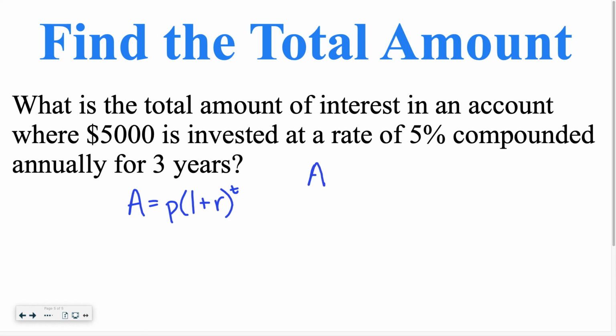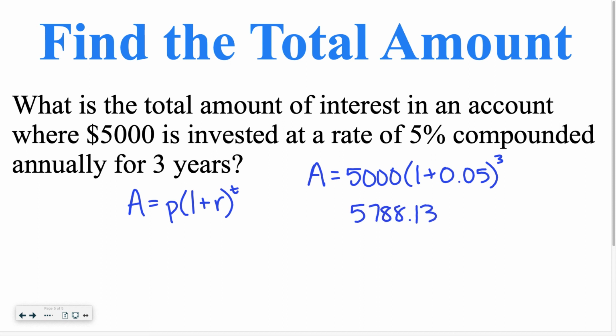So I'm going to say A equals the principal is 5,000, then I say 1 plus 5% as a decimal, 0.05, and then raised to the third power. So if I type that into my calculator just like that, I'm going to end up with 5,788.13. I'm going to round to 2 decimal places because we're talking about money.